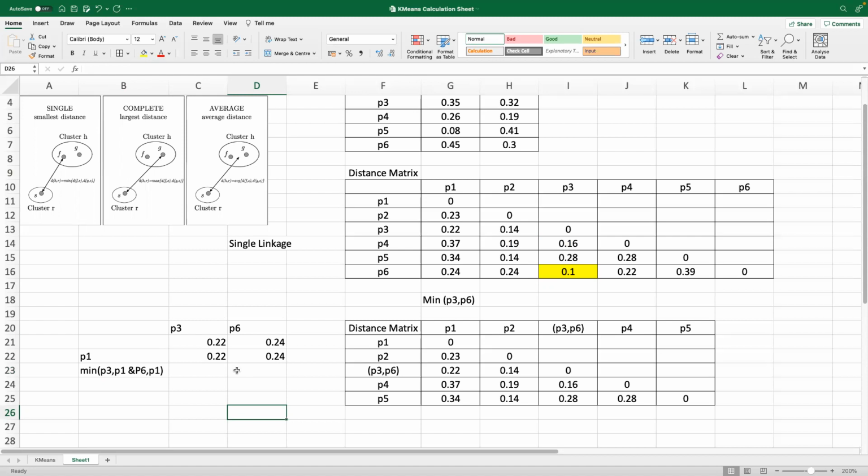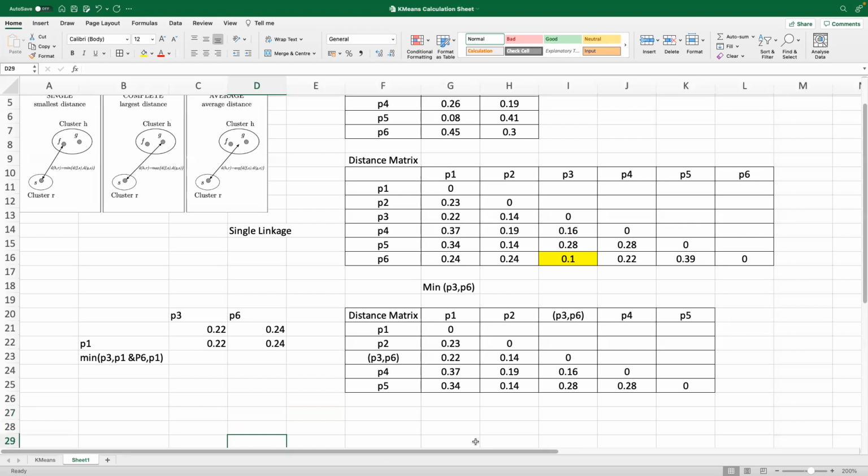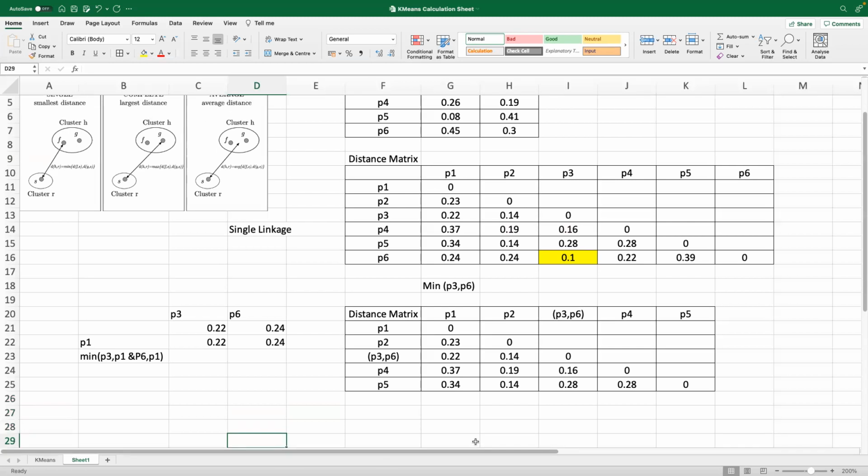From this matrix, 0.14 is P2 to P5. No, we have to create another distance matrix: 0.24, 0.22, 0.37, 0.34. After that, we need to find the minimum of the distances. The minimum of the distance matrix would be this.